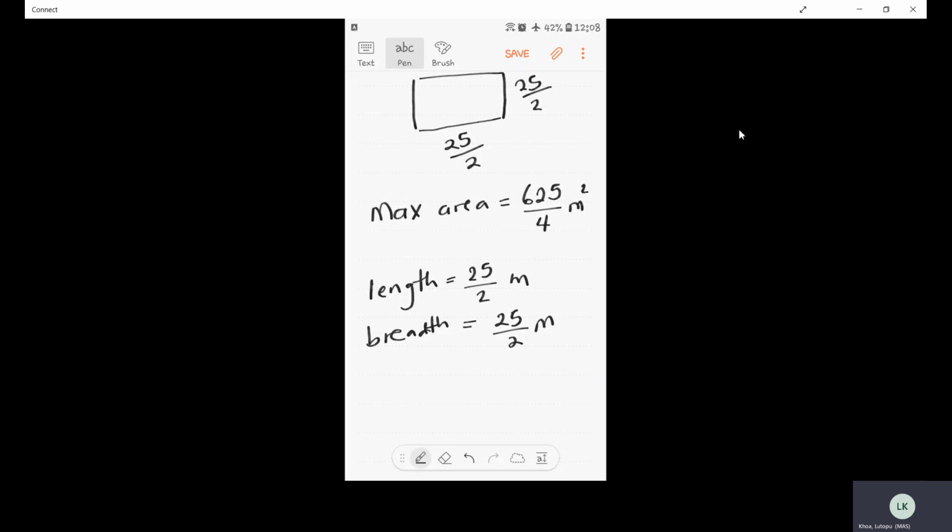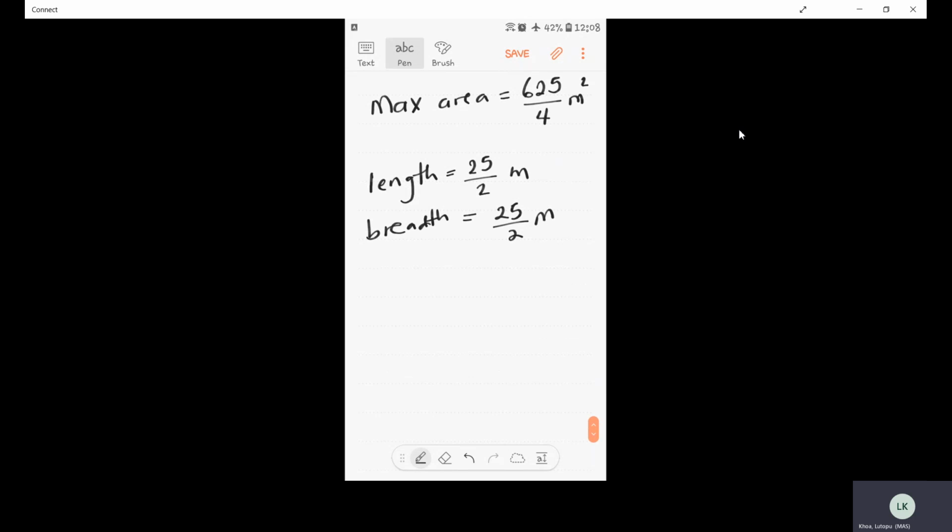Then look at the next one. In this one, we are told that the difference between two numbers is 20. We have to find the smallest product.